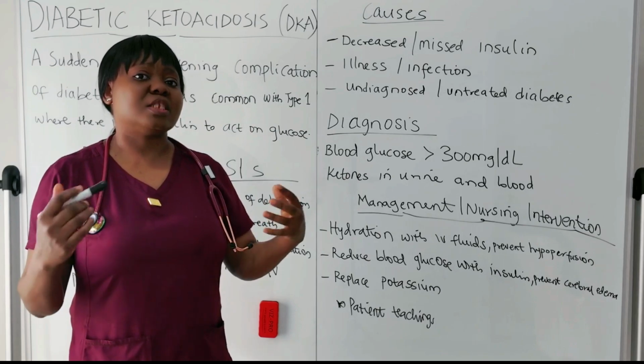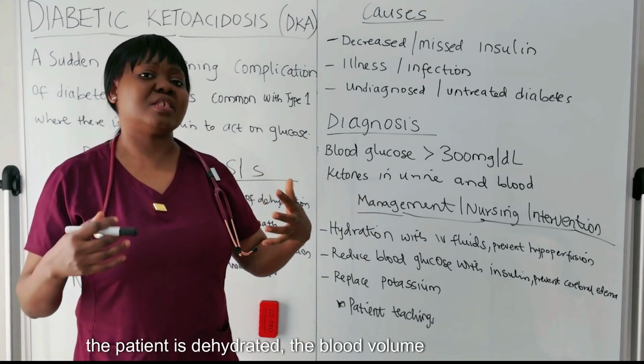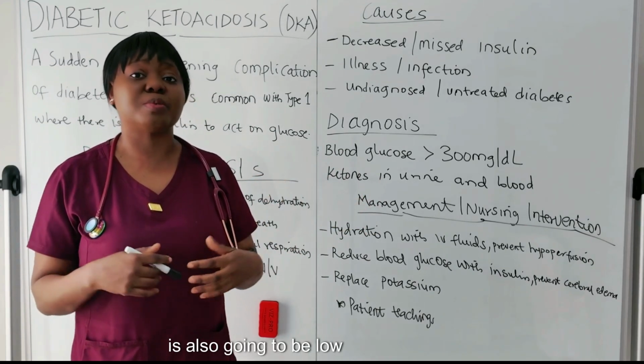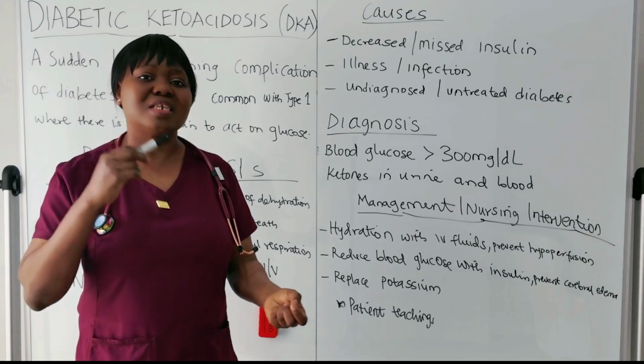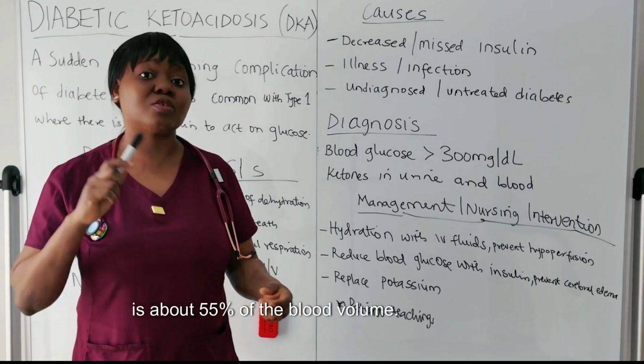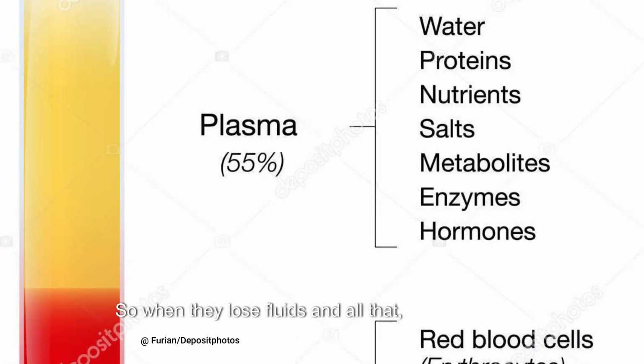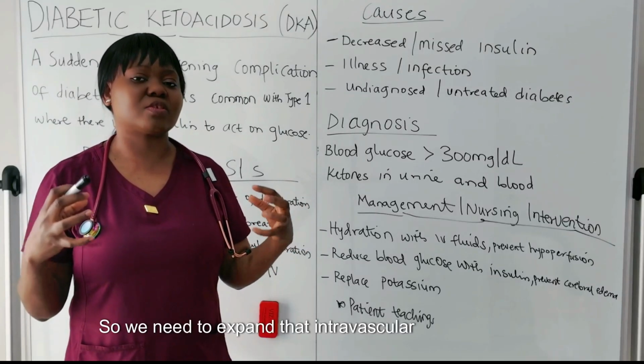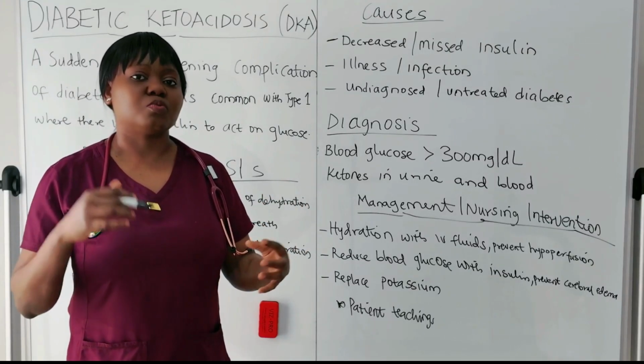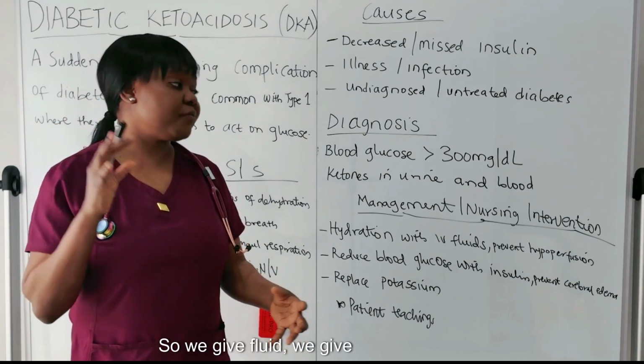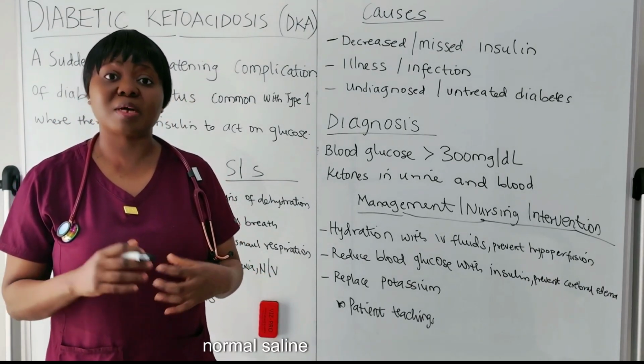Remember, when the patient is dehydrated, the blood volume is also low, because plasma is about 55% of the blood volume. When they lose fluids, the blood volume decreases. So we need to expand that intravascular space with what? Fluids. So we give normal saline.